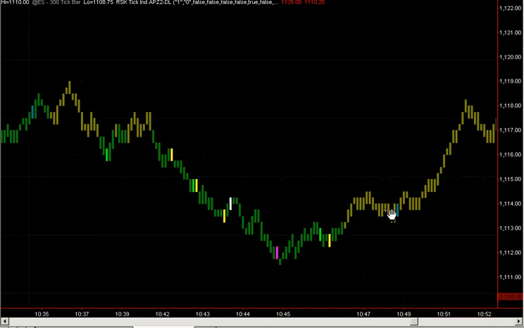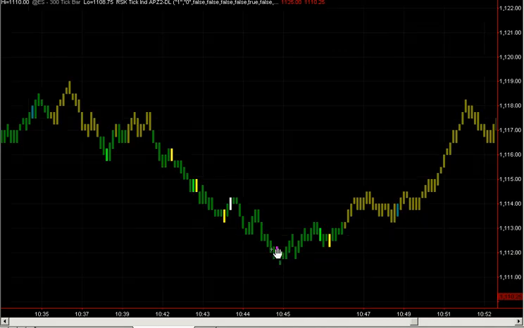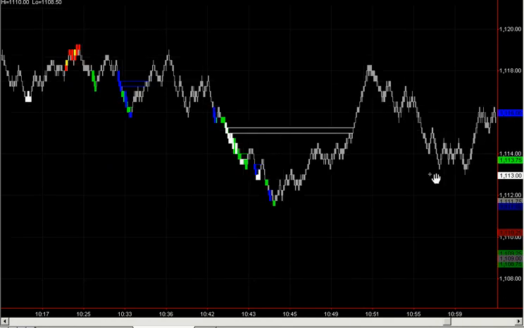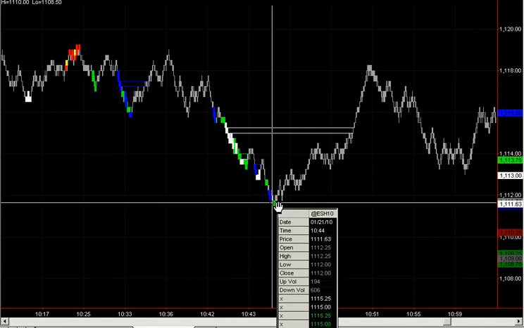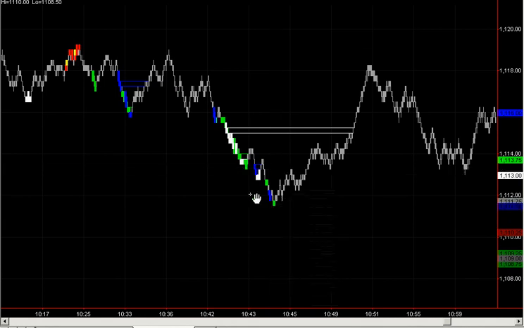Now, was there anything else that was happening at this particular moment that further confirmed a long trade? Okay, again, we'll line up our bar right there. And yes, there is. Right in here, this is our divergence chart.